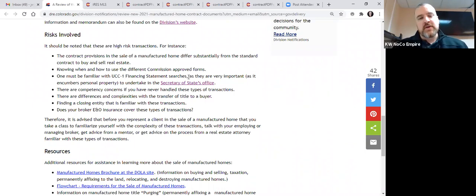And so what the UCC is, if you think about a typical real property transaction that you might be involved in, right? The sale of a stick-built house, let's say. If a person takes out a mortgage, or really Colorado is what's called a deed of trust state, right? But deed of trust, mortgage, for the purposes of this conversation, we're just going to use the same, right?